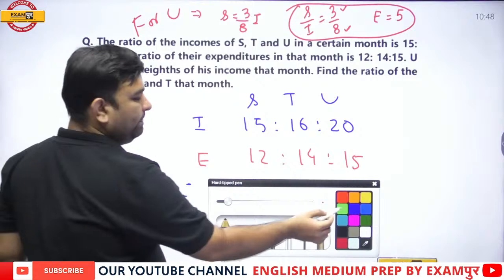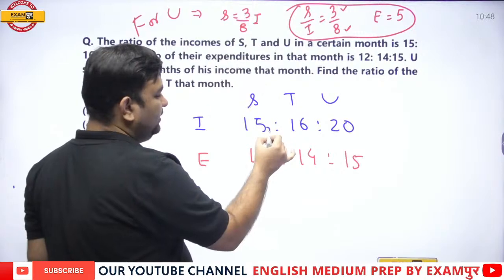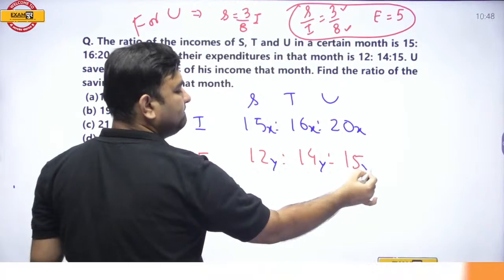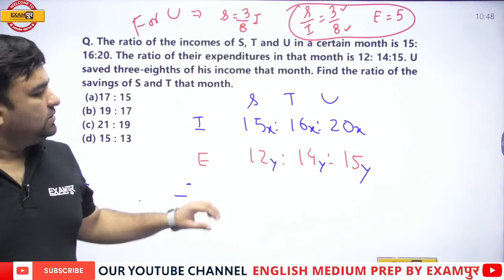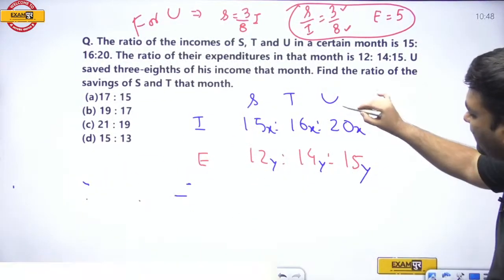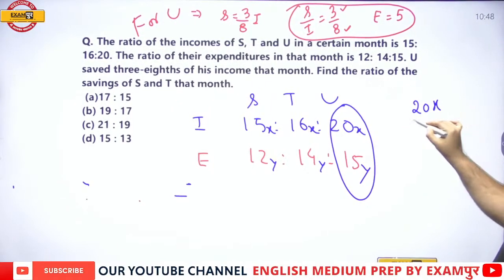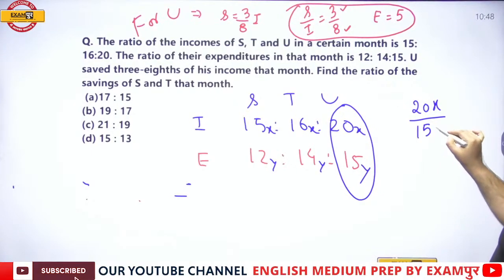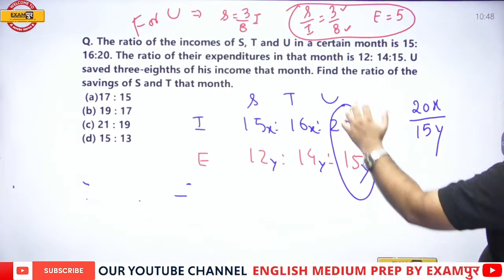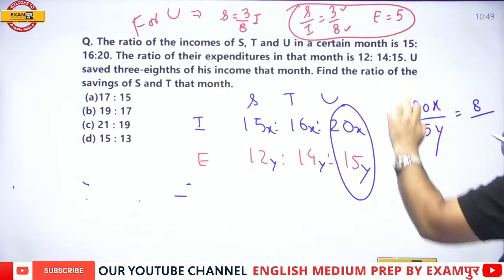Now, if you are comfortable with X and Y, make it X, X, X and Y, Y, Y. That is also a great way. So for U, income and expenditure are 20X and 15Y, but actually it is 8 and 5.